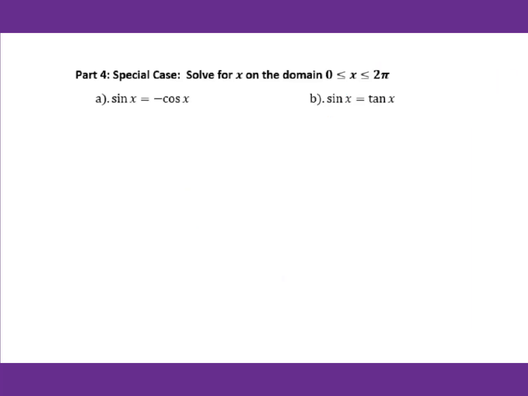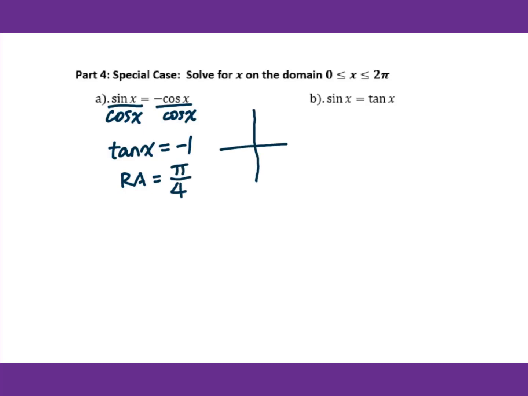Let's go to some special case. If you have sin x equals negative cosine x, we divide by cosine x both sides. You will get tangent x equal to -1. Then go to reference angle equals pi over 4. Tangent is negative, so let's go to second and fourth.